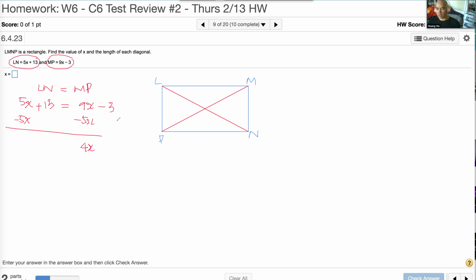I don't want negative 3 here, so I add 3 on both sides. So the left side comes out to 16. So I divide by 4 on both sides. So x equals 4.